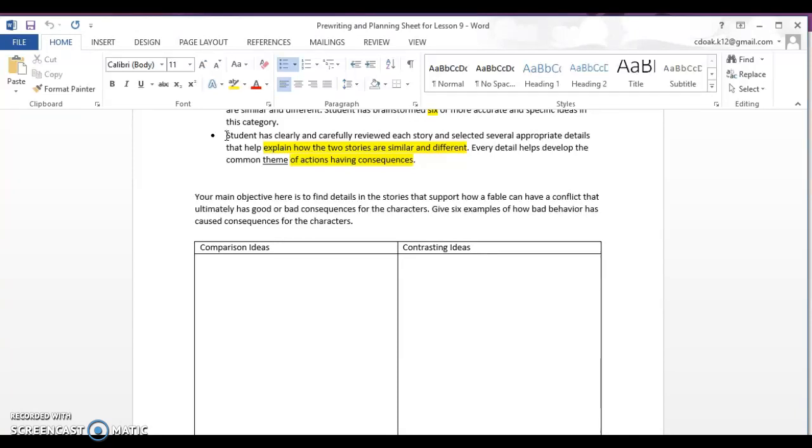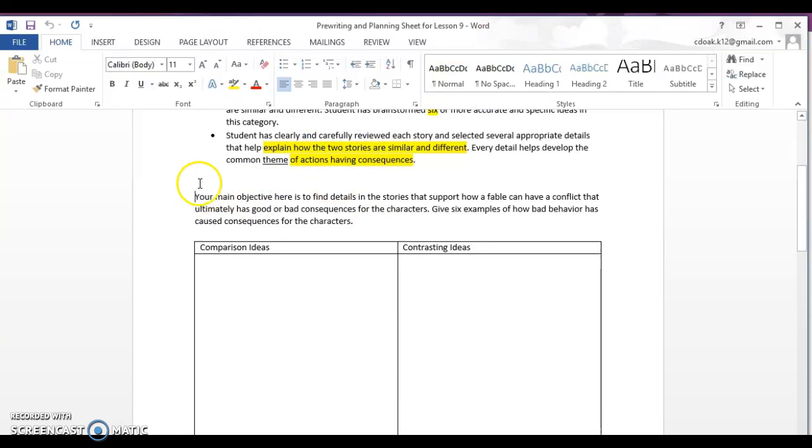So basically you want to realize that fables have a theme, like a lesson, that whatever actions we do, they're always going to have consequences, whether it's a good consequence or a bad consequence, okay? Whatever action you do, something's going to happen because of your actions, okay? So you want your details that you list here to talk about that theme, that lesson.